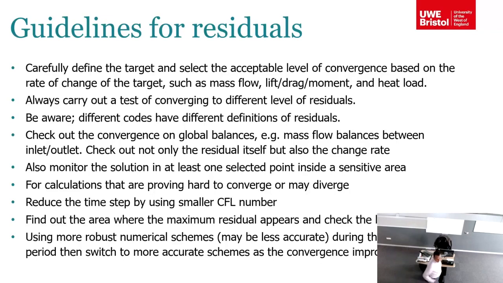Relax it a little bit, the size of the residual, and then do a test of convergence. Different codes write the residuals differently, whether it can be RMS residuals or the actual residual itself.